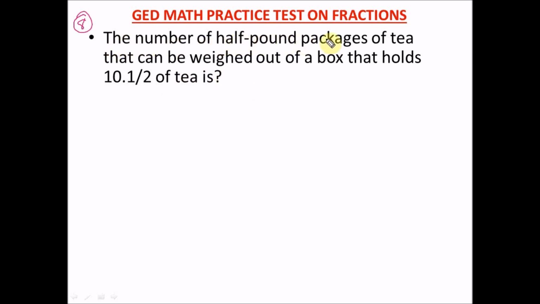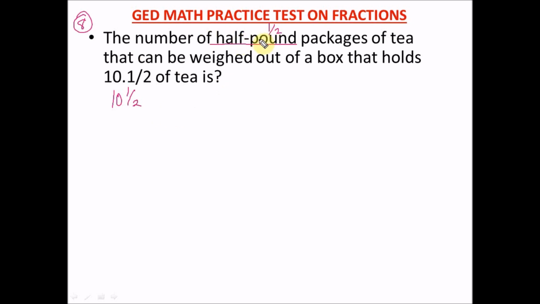So our final question here, which is question 8 of word problems under fraction, it says the number of half-pound packages of tea that can be weighed out of a box that holds 10 and 1/2 of tea is.